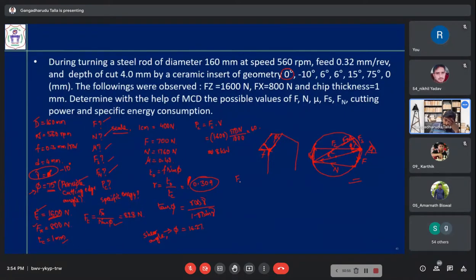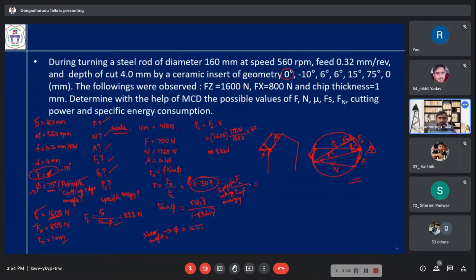It is FC by TO into F. It is the amount of energy required for unit material removal.